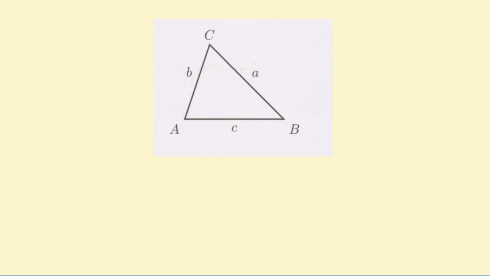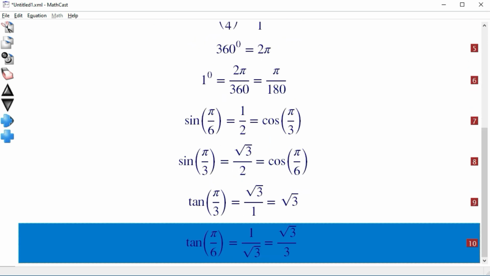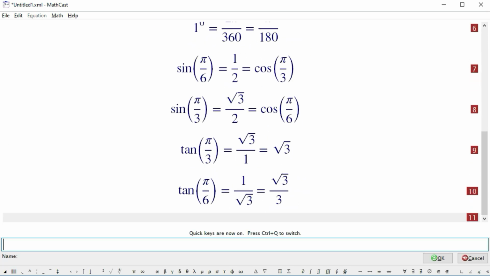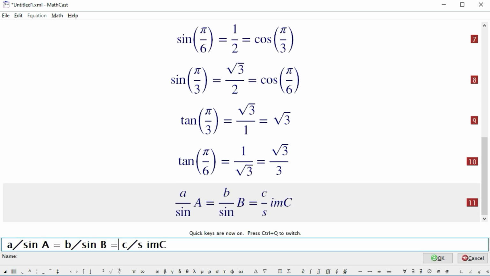So how do you work this out? Well, it depends on what you're given. Let's bring back up the screen here, and I'm going to add this equation: a over sine A equals b over sine B equals c over sine C. Of course that hasn't worked out perfectly, because we need to put in the brackets here.